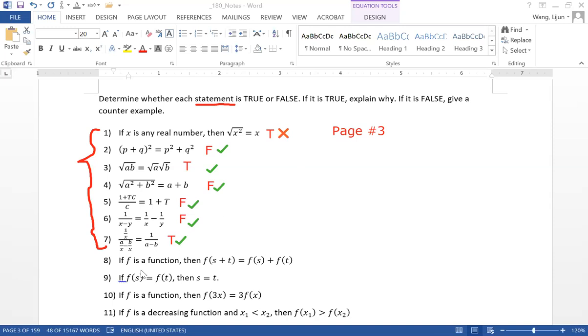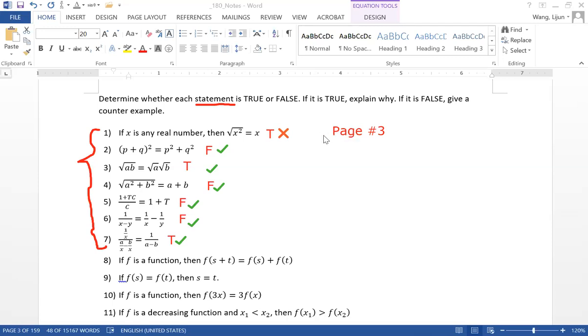We're going to cover the rest of these throughout the chapter, throughout the rest of the semester. And I wish to say congratulations to all of you guys for getting 6 out of 7 correct. That's pretty good. But the first one is absolutely critical.